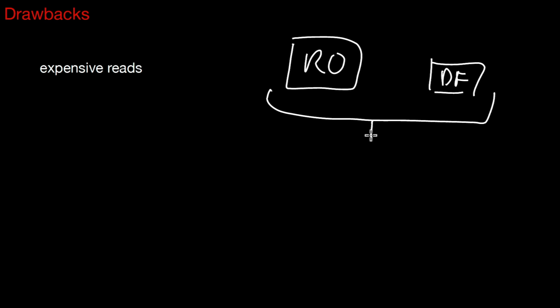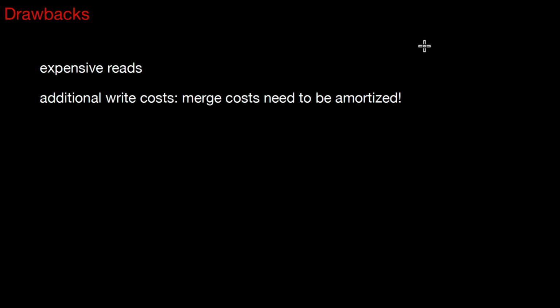Again, it depends a lot on the physical organization of the structures, but on the high level it's important to understand that if you only look at one structure, you won't consider the changes that were collected in the differential file. So whenever you query a differential file structure, you have to query both the read-only file and the differential file. Only then do you get the most recent version. That is why reads may be expensive.